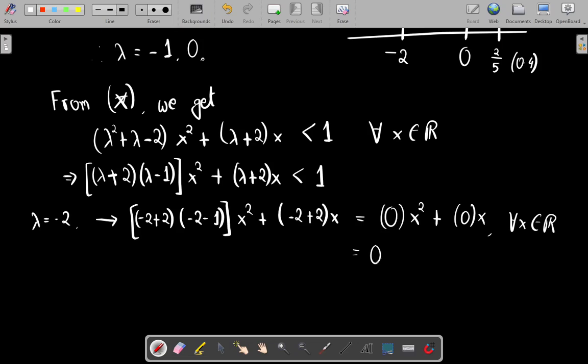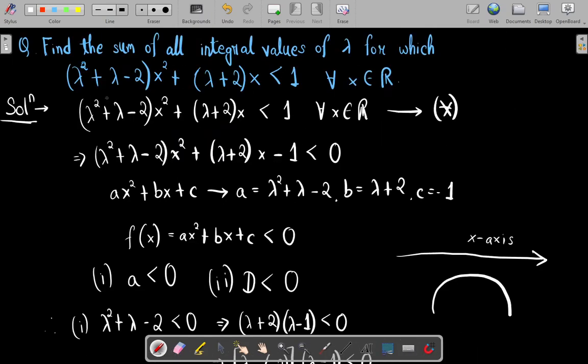Now this value of 0 is less than 1. 0 is clearly less than 1. So this double star inequality is satisfied for lambda equal to -2 also. The original inequality given in this question, we were to find the sum of all integral values of lambda for which this inequality was true for all x belongs to real numbers.